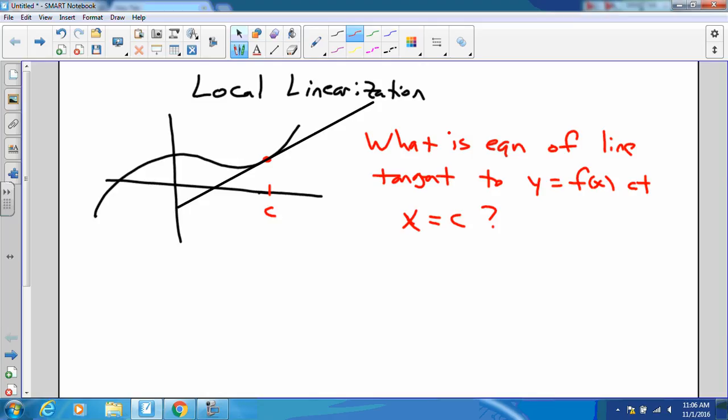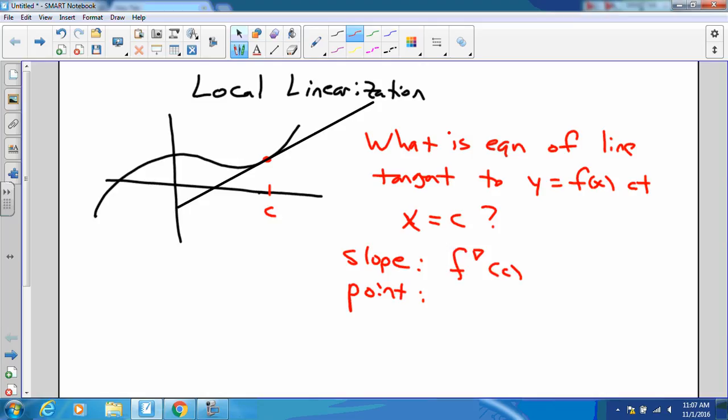And we have a nice format for doing that equation. We need a slope, and we need a point. And how are we going to spell the slope of the tangent line at x equals c? f prime of c. Yes.